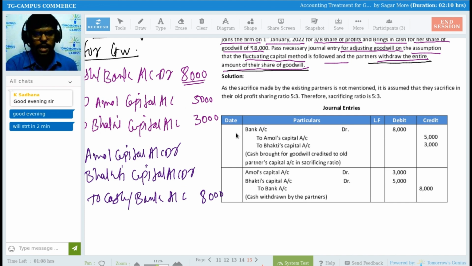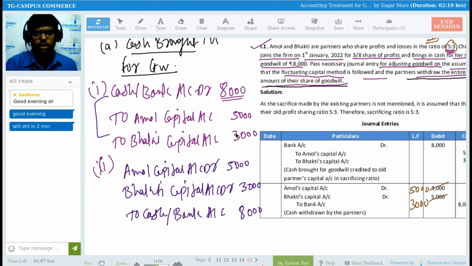Here it is wrongly written. There has to be 5,000 and 3,000. This entry also we have to pass by the sacrifice ratio only, and the amount for this entry will be 5,000 and 3,000 only. The 8,000 we are going to distribute in the ratio of 5 to 3, in the ratio of sacrifice only.